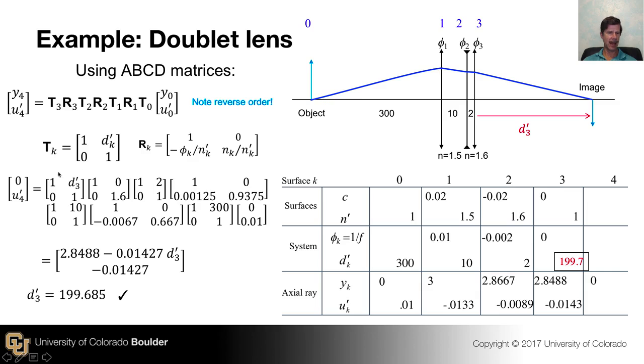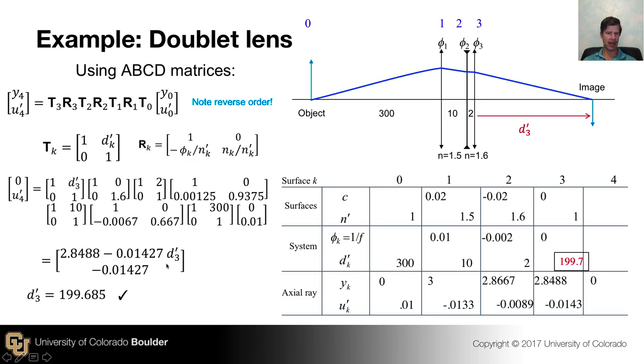In this case, I'll leave that d3 prime. I'll multiply all these matrices out, and of course there are handy programs like Mathematica and MATLAB that will do that for you. And I end up finding that the ray height, y4, and the ray angle, u4 prime, which is equivalent to u3 prime, are given by these expressions.